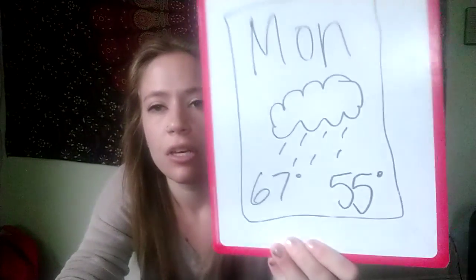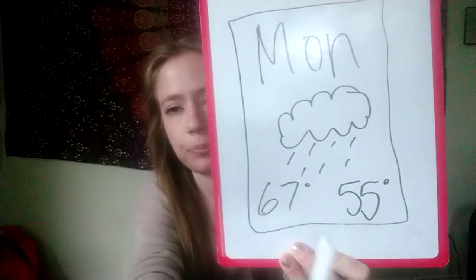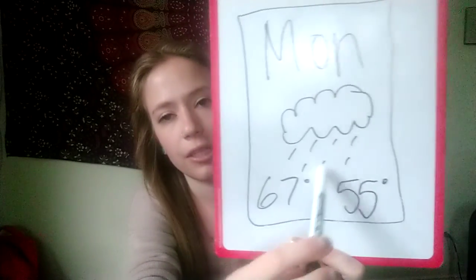So, like I said, we're going to go ahead and do a math problem and figure out how many degrees difference it is between our highest expected temperature today and our lowest expected temperature today. So we can set this up like this.